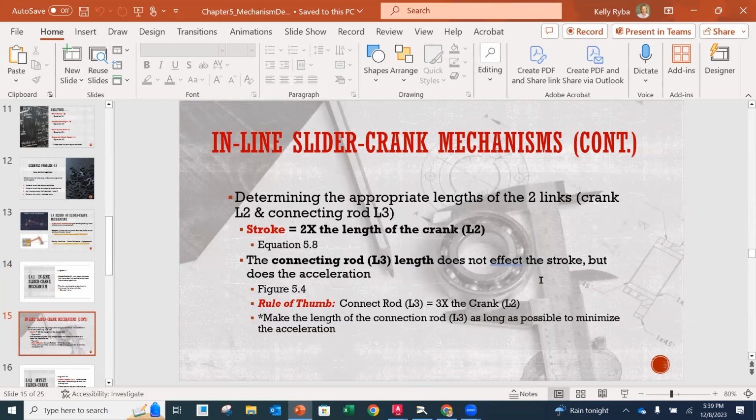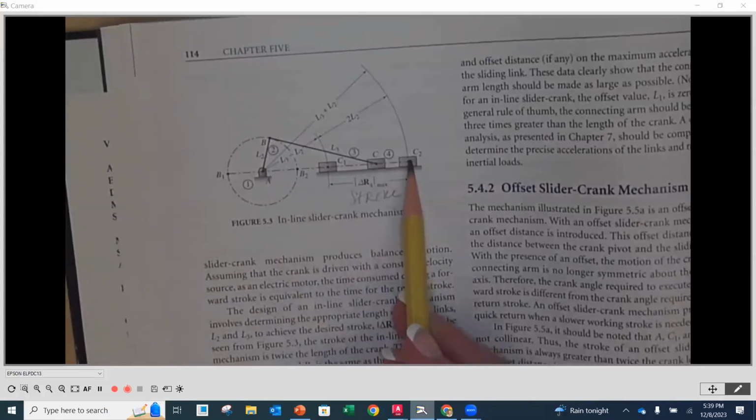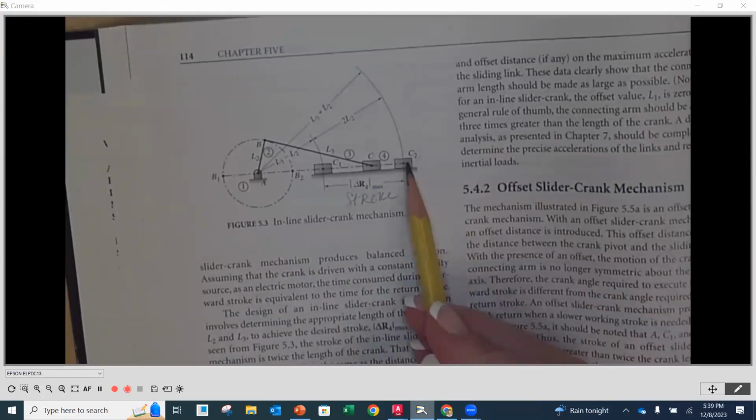So let's look at determining the appropriate lengths for an inline slider crank mechanism. When we go through this process, we always know what our final output motion is going to be, and on a slider crank mechanism, it's going to be our stroke. Our stroke is going to be 2 times the length of our crank, exactly that. When this is laid out all the way, our outward-most extreme position to the right is out here.